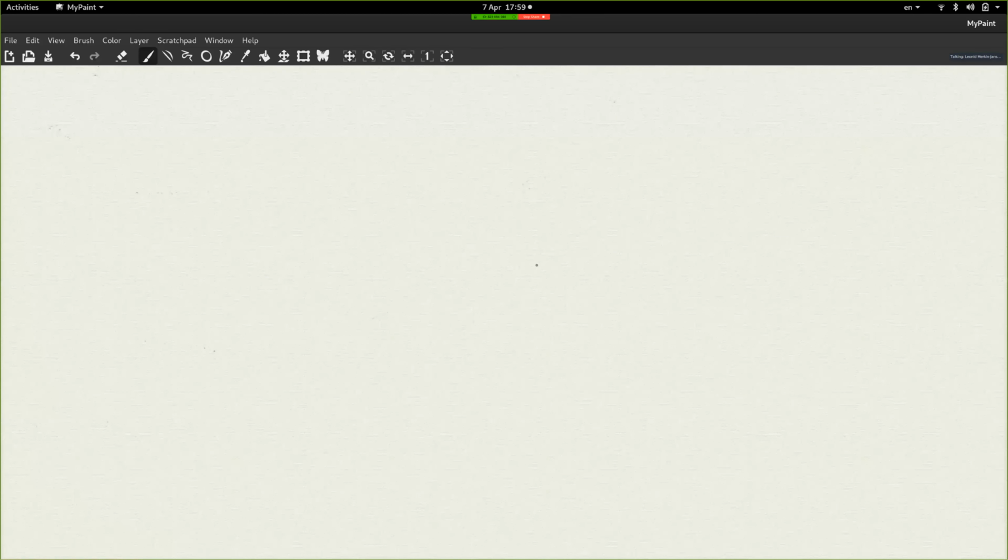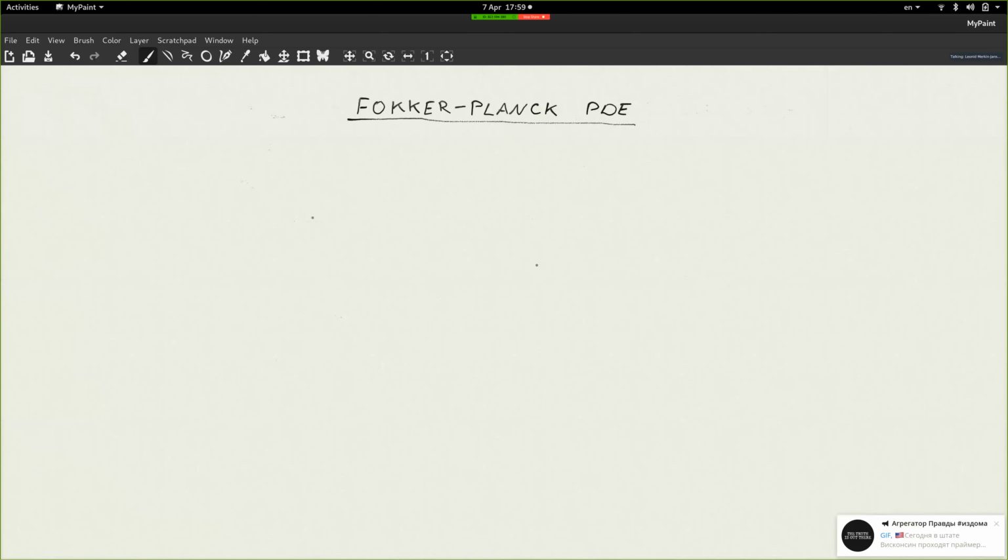Fokker-Planck partial differential equation. Why is it important? It is by far the most important tool in the quantitative analysis of stochastic processes. Why? You remember we mentioned what it actually means to solve a stochastic differential equation.